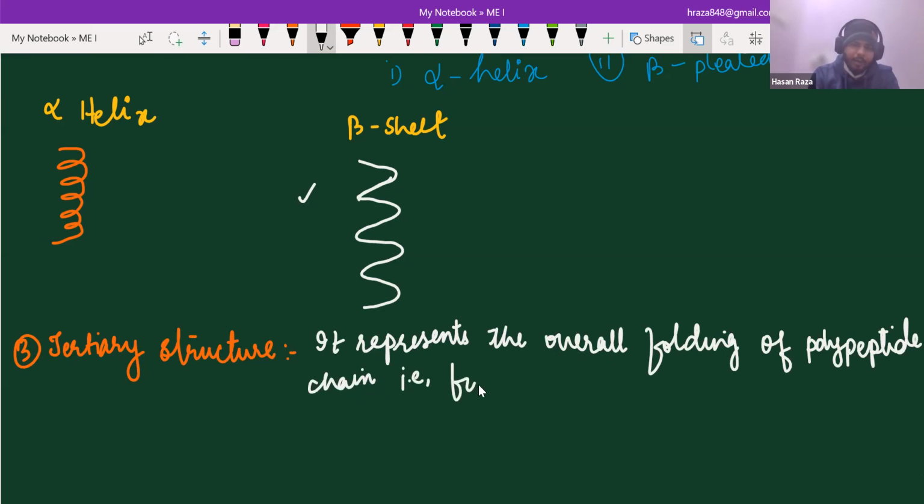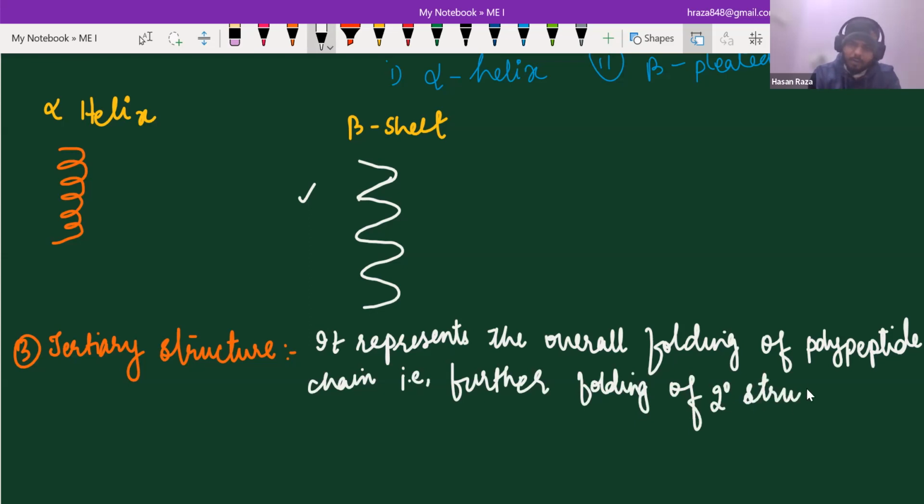That is further folding of 2-degree structure.